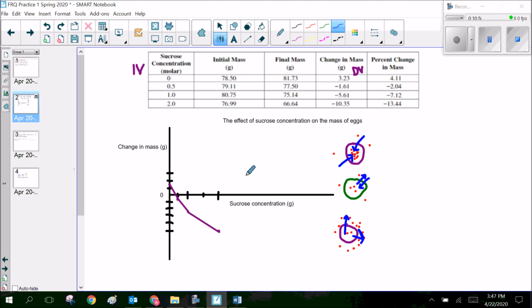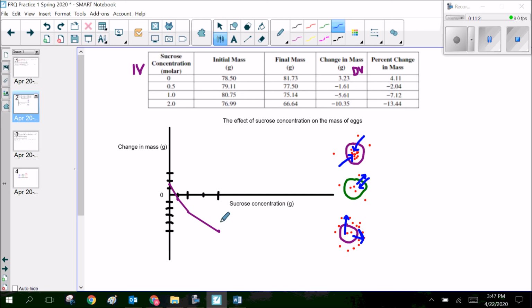So how does that relate to this graph? Well, as we can see, the egg grows when it is at 0 sucrose concentration. And it begins to shrink as soon as we start adding a certain amount of sucrose. So this line is showing us the growth of the egg. Up here, since it's growing, we can assume that any positive value of this graph is going to represent the hypotonic solution. So in other words, the solution has less solute than the egg.